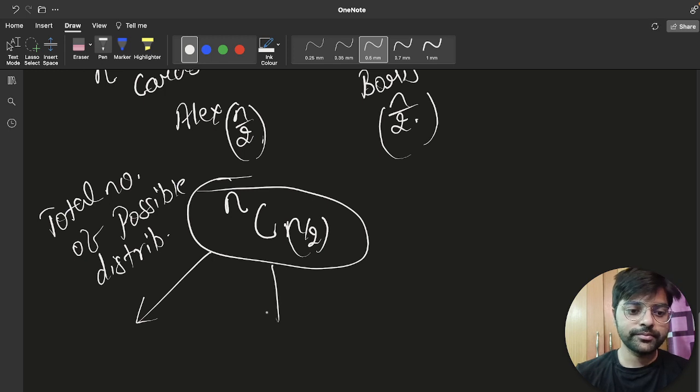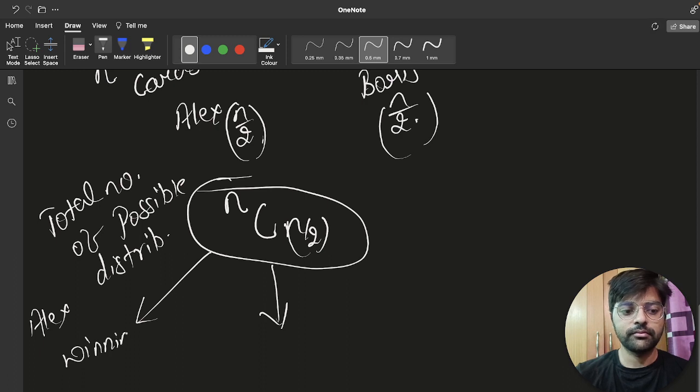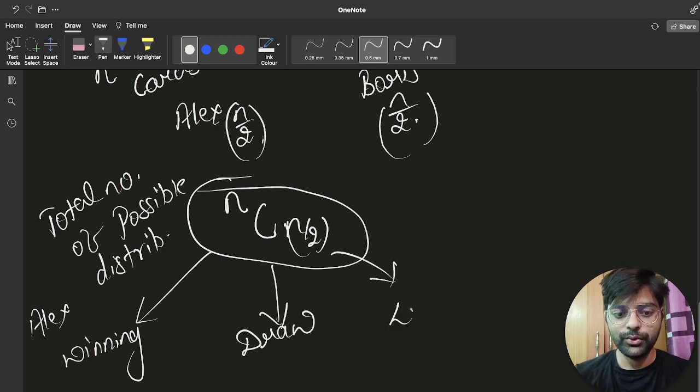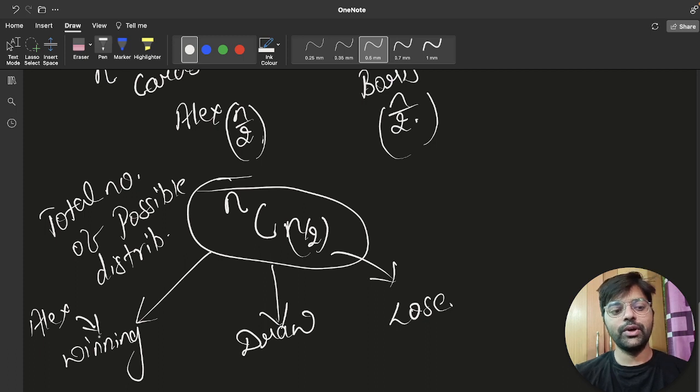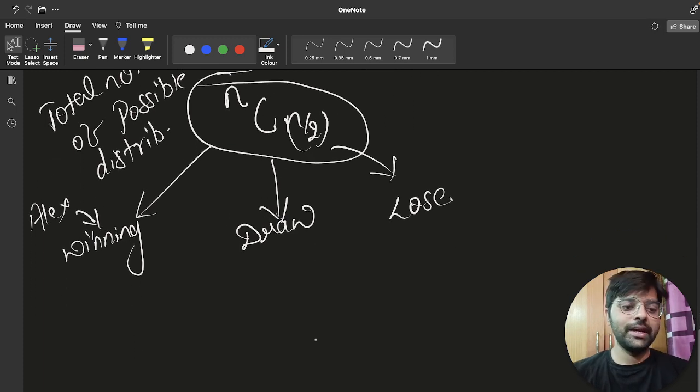Then, for Alex, I am considering, there will be winning, there will be draw, and he will lose. So if you consider it for Alex, we automatically get Boris's condition, because if Alex loses, then Boris wins, right? And if the game ends in a draw, then Alex and Boris both end with a draw, right?